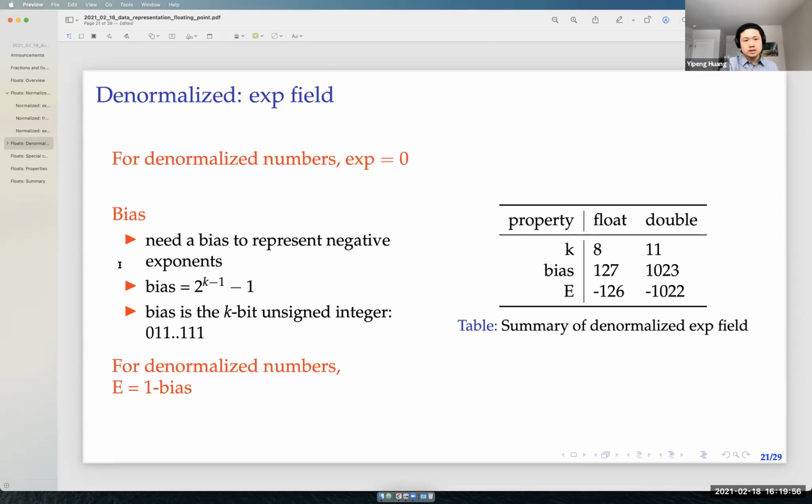And bias is the same number as before: 127 for single precision, and 1023 for double precision.